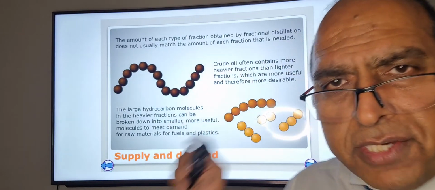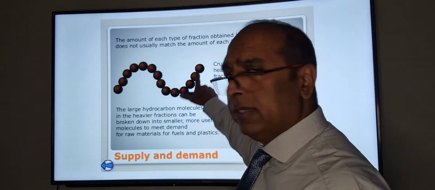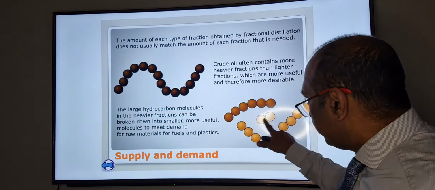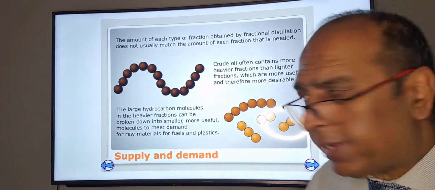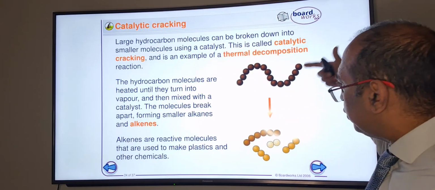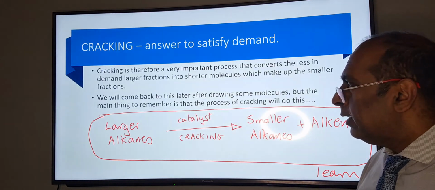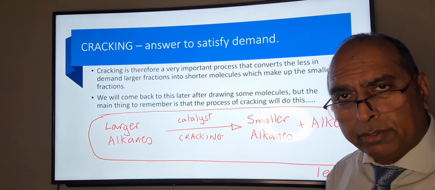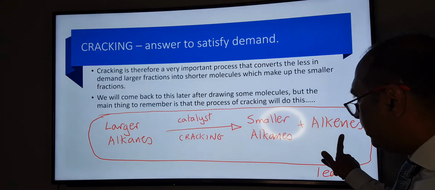So the way that this diagram makes you think is, I want you to think these are long carbon chains. When you heat them up, they will break up into smaller carbon chains. That's the process of cracking. So catalytic cracking will turn large, long molecules into smaller molecules. And really, what I want to leave you with is this equation. Next lesson I'm going to explain what alkanes are and what alkenes are.